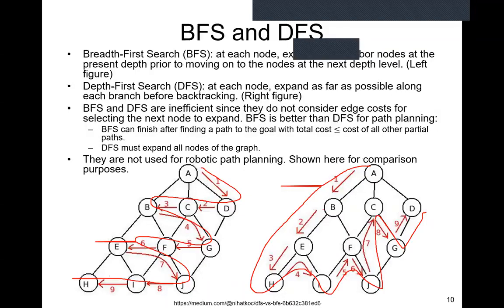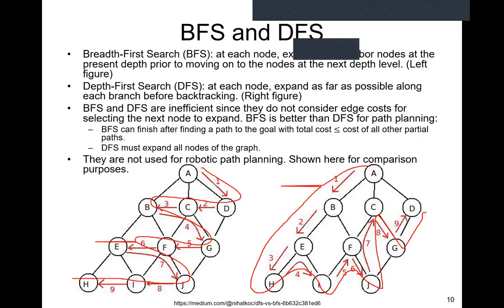So they are inefficient for the traversal on the weighted graph because they do not consider edge costs for selecting the next node to expand. However, among these two, BFS is still better than DFS for path planning.